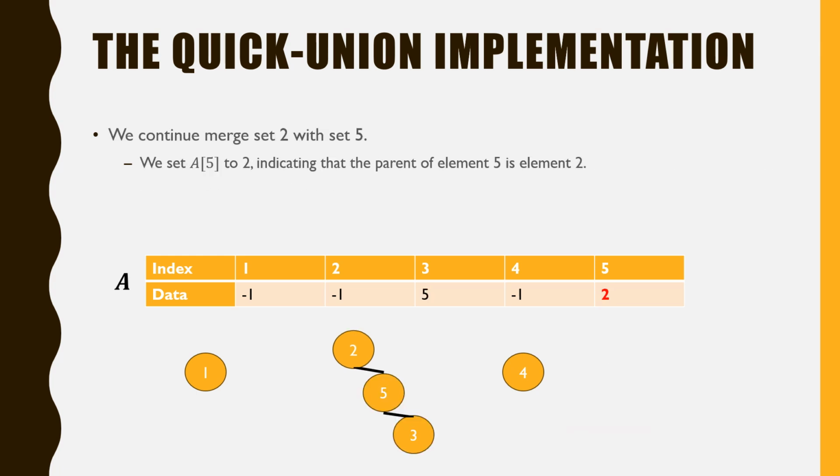Next, we merge set 2 and set 5. Since the root of set 5 is element 5, we update A[5] to 2, making element 5 a child of element 2. This step attaches the tree rooted at element 5 to element 2.